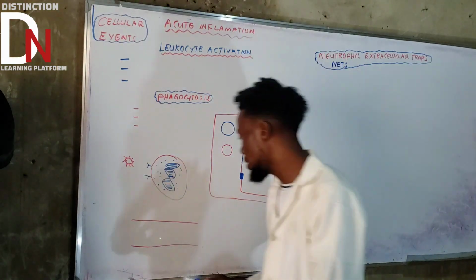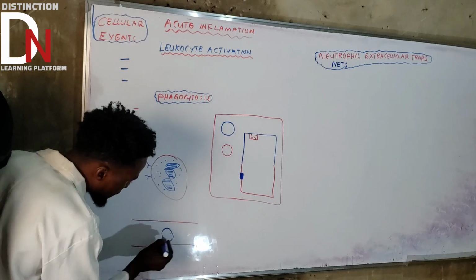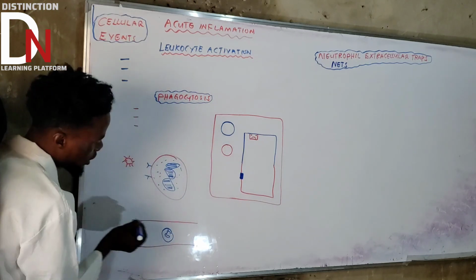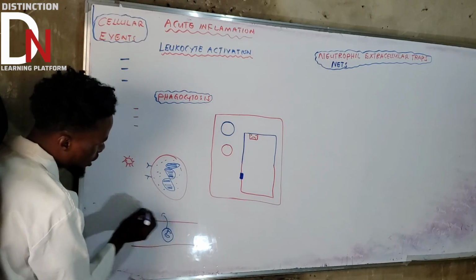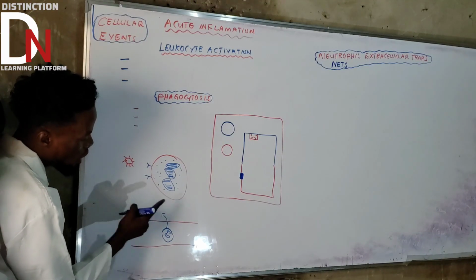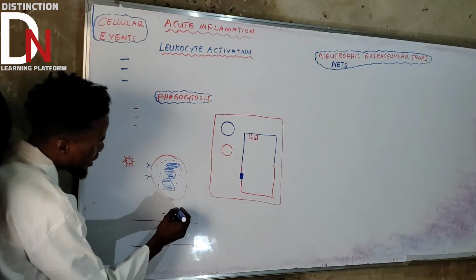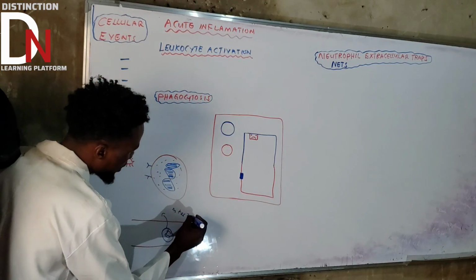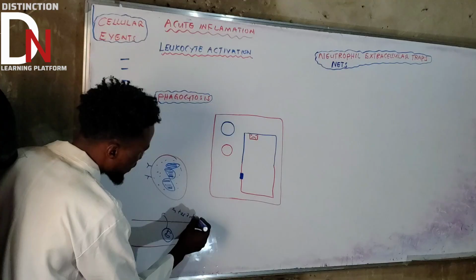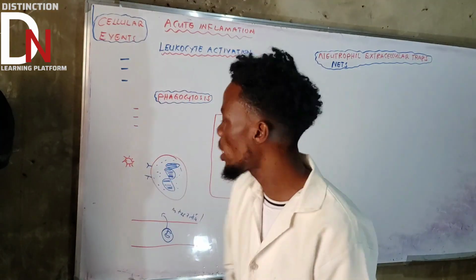If this is a neutrophil, how does it move from the blood vessels into the interstitial space? We talked about that in the previous video. Now, this is the interstitial space, already on the side of infection.